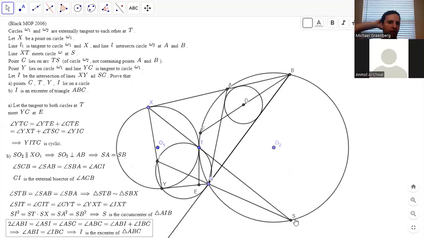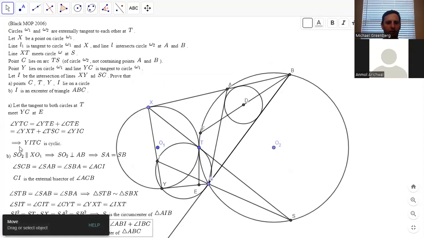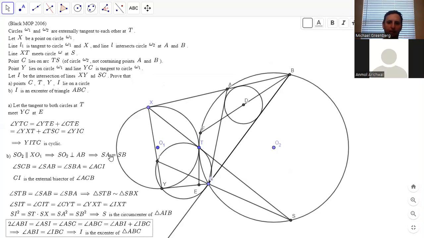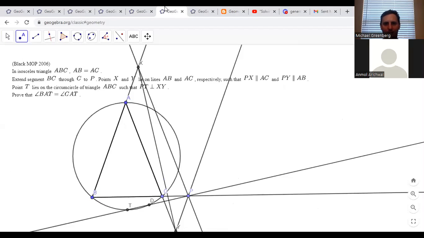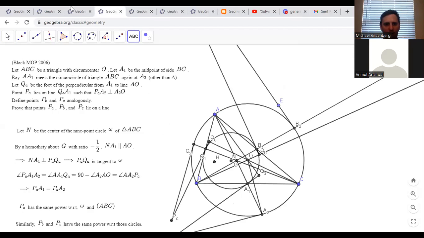Once you know that, a lot of the angle chasing becomes much easier. So we use this to prove that SA equals SB. That's where we use that they're externally tangent. There's a lot of good stuff that went into this. Nice solution.